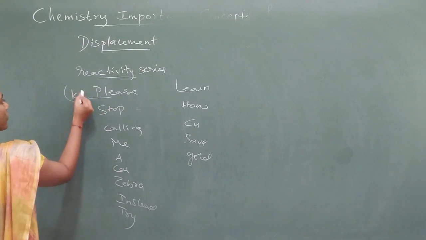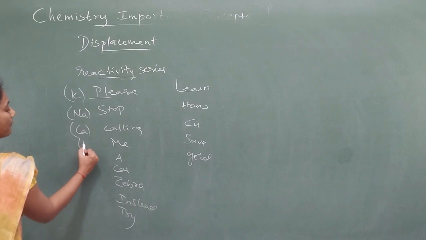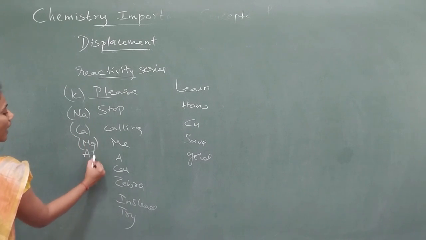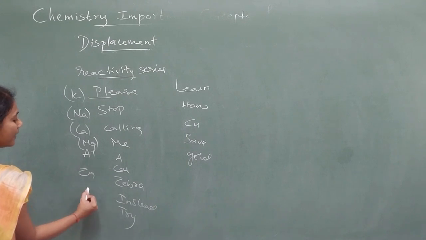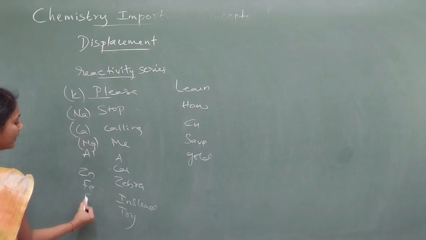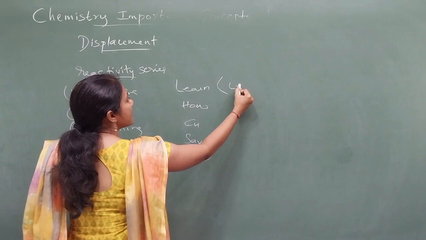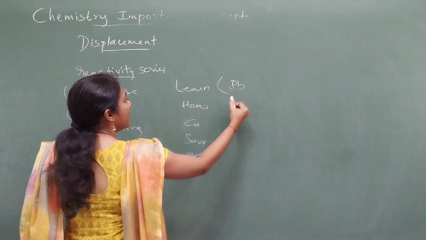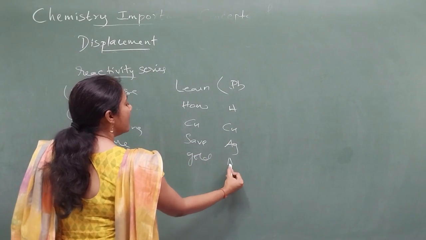P means potassium, sodium, okay, so calcium, magnesium, aluminium, and this is carbon, you no need to write. Zebra means zinc, and here it is iron. Tin, tri means tin, and this is lead, that is Pb, and this is hydrogen, this is copper, this is silver, and this is gold.